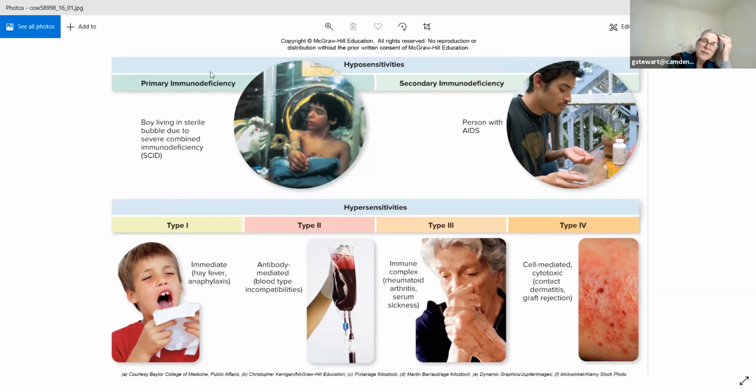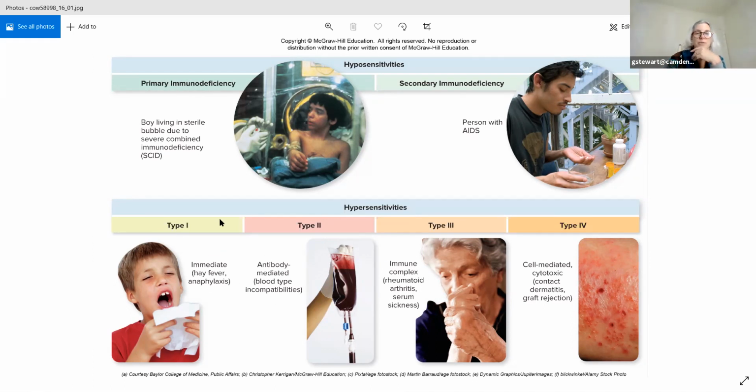So this primary immunodeficiency, this is a person who is born with an immune defect of part of their immune system or both, or a person who's immunocompromised because they are having another disease, or because maybe they are a transplant recipient, or maybe they have cancer, or maybe they're taking one of those immunosuppressives to stop down their rheumatoid arthritis, and then it actually also gives them some hyposensitivity to other diseases.